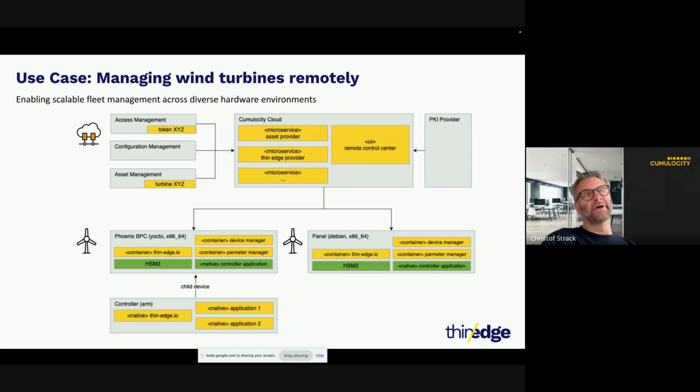Okay, in this context, basically it was the flexibility and the release cycle. For Phoenix BPC, they roll out a new base image, the PLC Next operating system, every half year or quarterly.